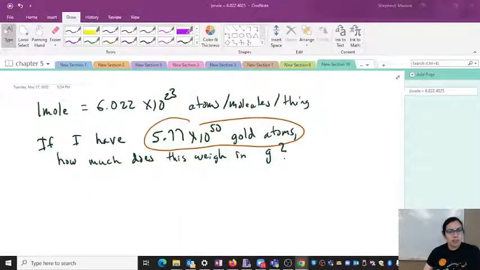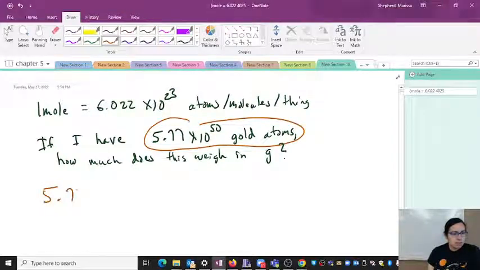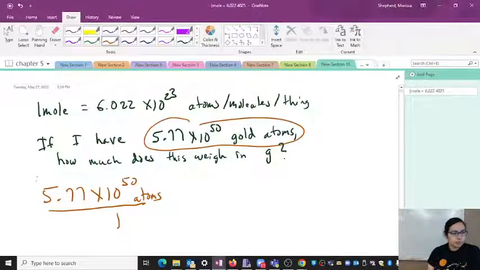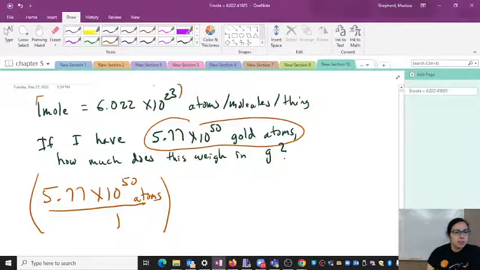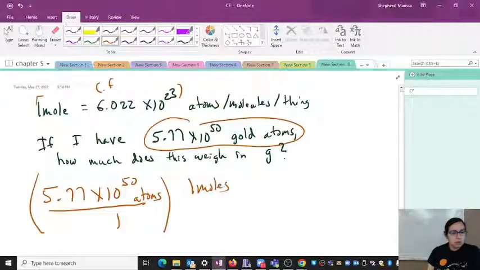We can see that if we set up our dimensional analysis. So 5.77 times 10 to the 50th, now we have atoms. I want to go to moles, so this is my conversion factor here. If I want moles, moles goes on top.